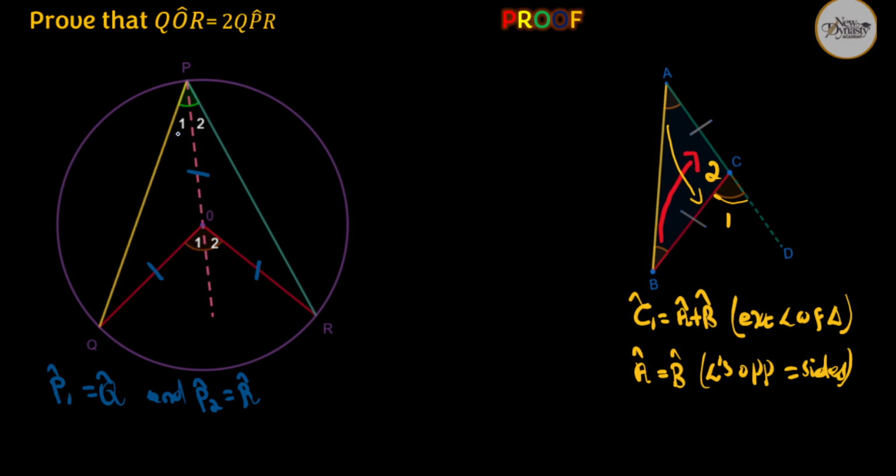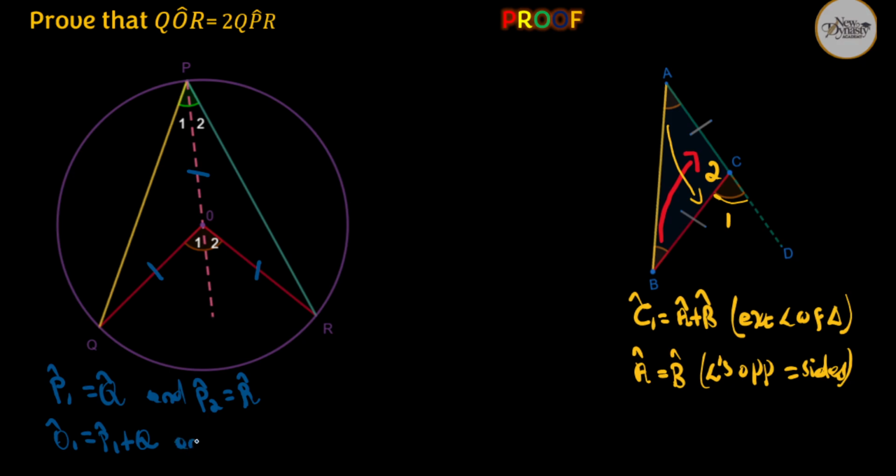So O1 here is going to be, as the theorem that we saw, the exterior angle of a triangle, equal to P1 plus angle Q. We are not yet proving the theorem. We're just taking out what is given there.